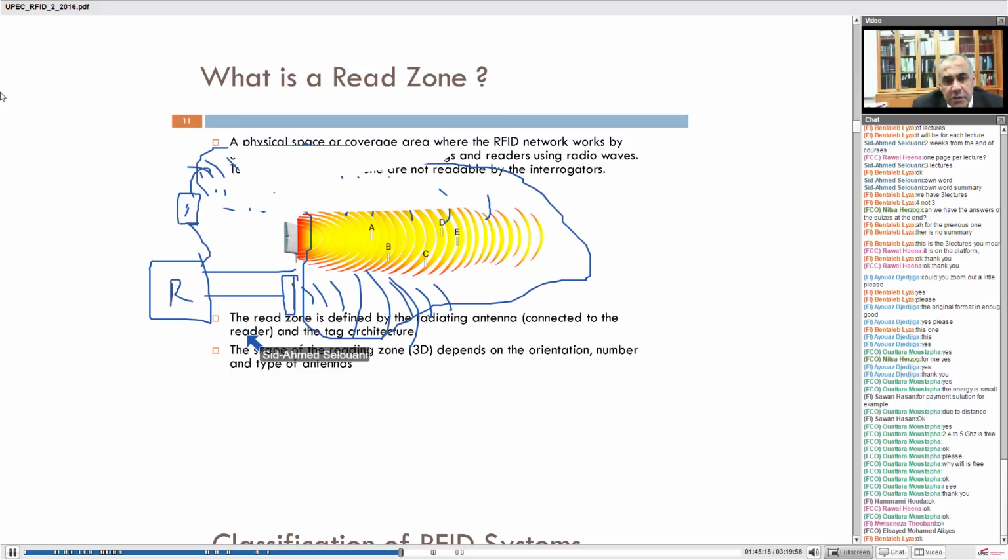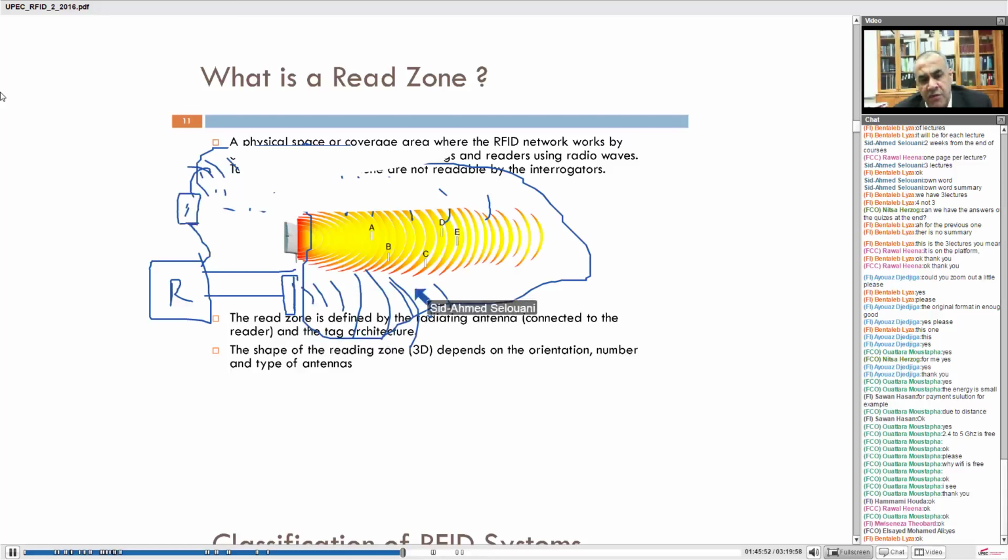Okay, so the read zone is defined by the radiating antenna connected to the reader and the tag architecture. So this tag, because you can read this tag here, you can define the read zone where you can read your tags.